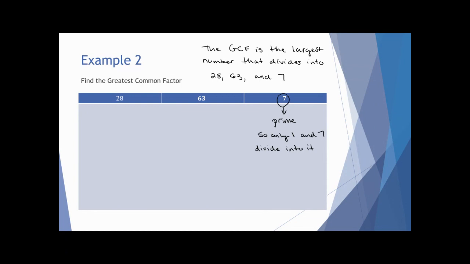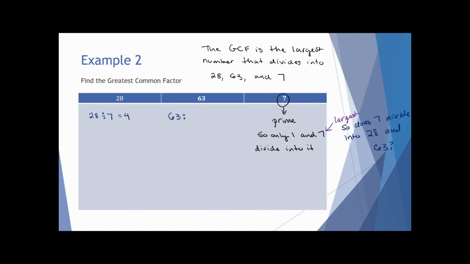I'm going to write this in a different color so that is the largest. So does 7 divide into 28 and 63? Well, 28 divided by 7 gives me 4, so that's a whole number.